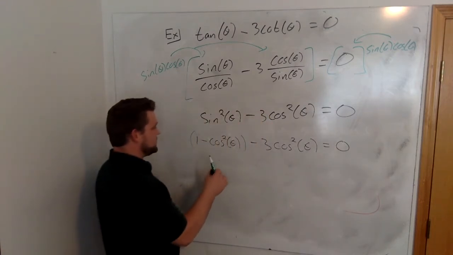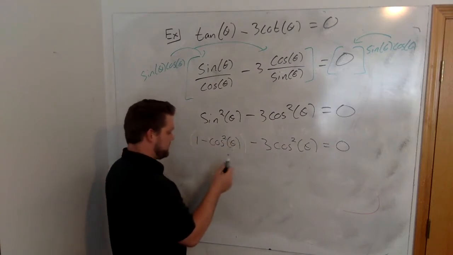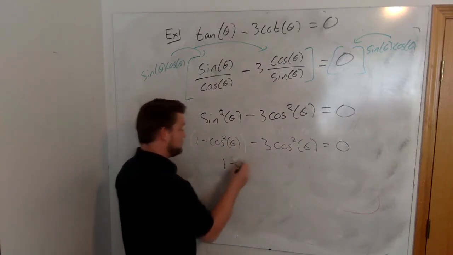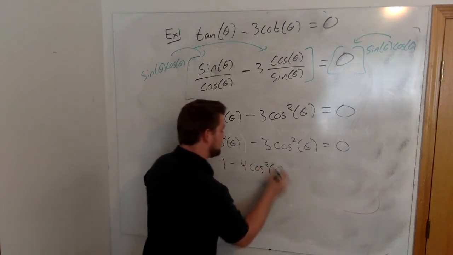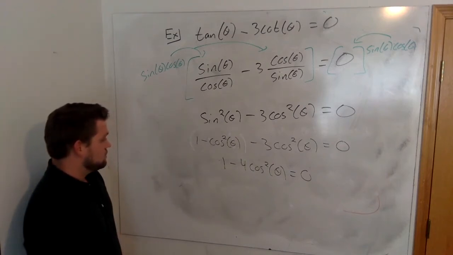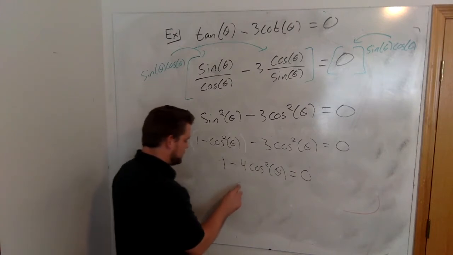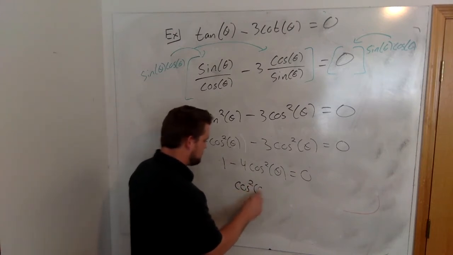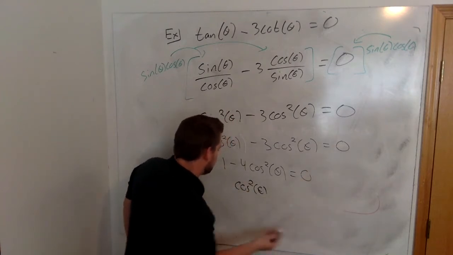Okay, so what are we going to get? These parentheses here aren't really doing anything. So we'll have a 1 minus 4 cosine squared of theta will be equal to 0. Okay. Or if we solve for cosine squared, add the 4 cosine squared to the right-hand side, divide by 4.